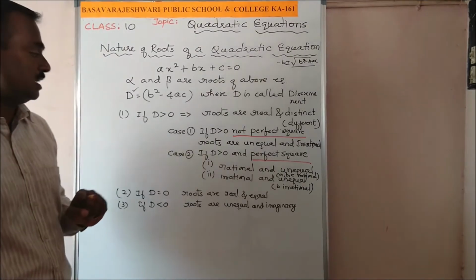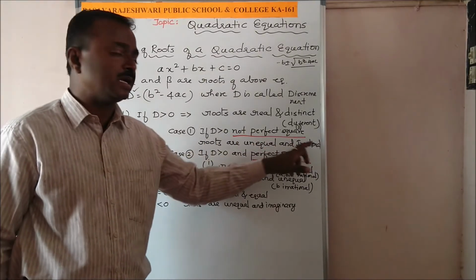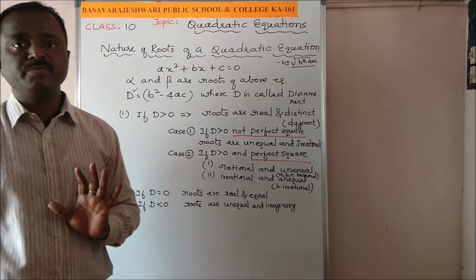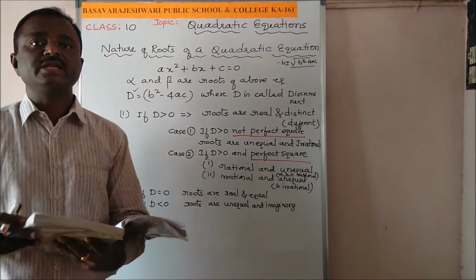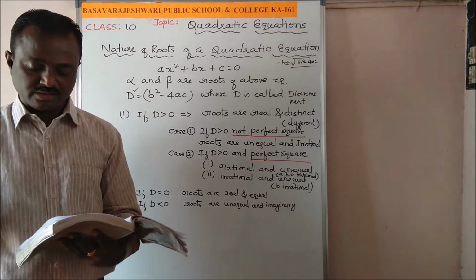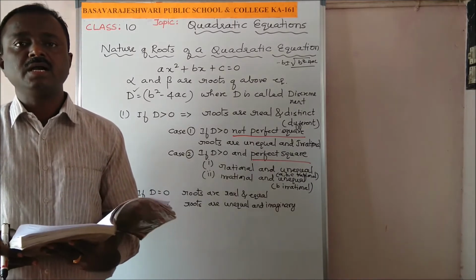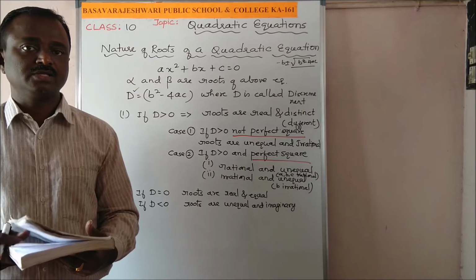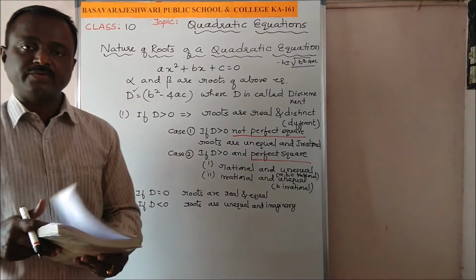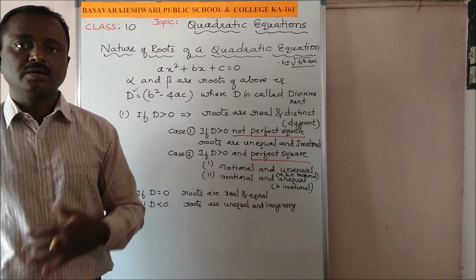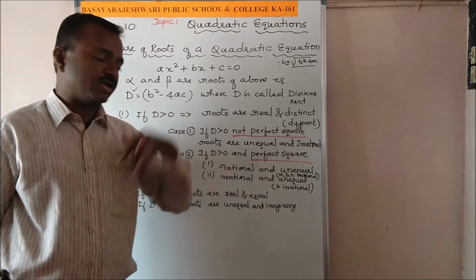Then we can decide that the roots are unequal and irrational. What is meant by irrational? If we express the quantity in decimal form, it is non-terminating and non-repeating. Such type of numbers are called irrational numbers.